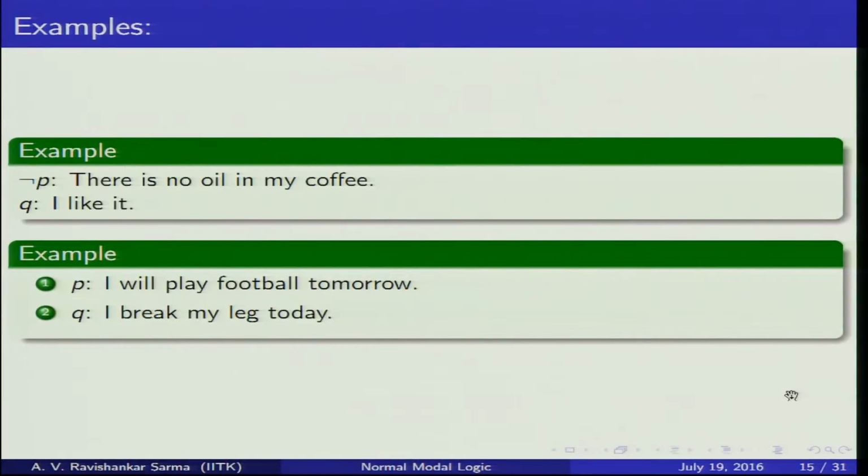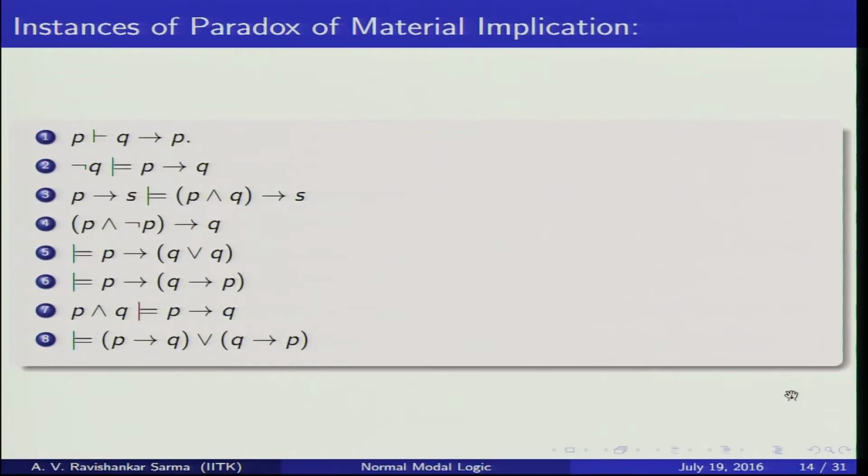Now you put it in the original premise: P implies (Q implies P), or not P implies (P implies Q). Then you will see that if the sentence not P is false, that means there is oil in my coffee, then from not Q, P implies Q follows.